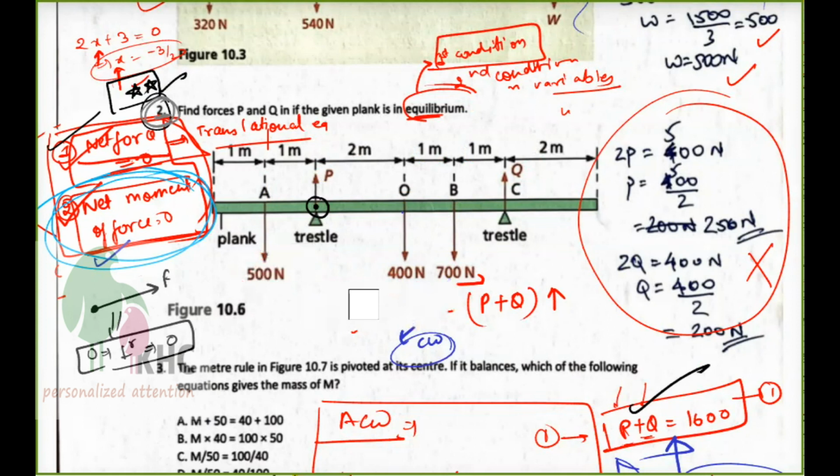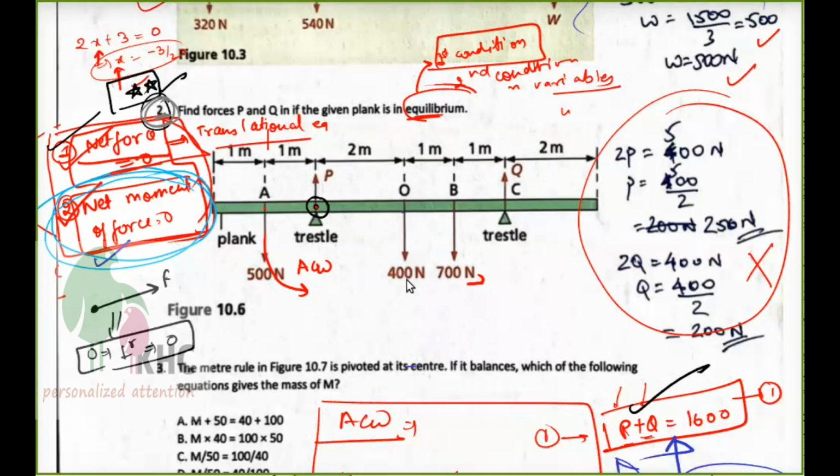Now, about this point P, this force gives anti-clockwise or clockwise moment of force? About this P, what is the direction of moment? Anti-clockwise. Great. About this P, does this 400 Newton force give clockwise or anti-clockwise moment?